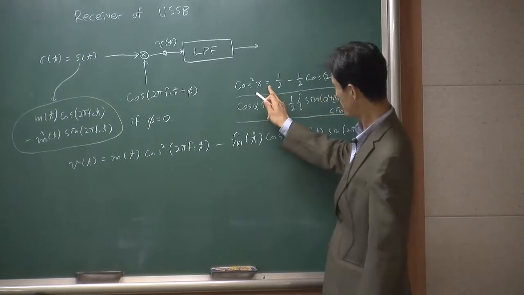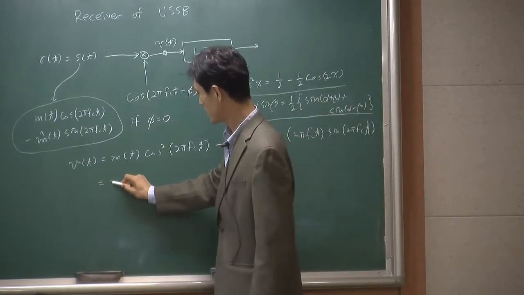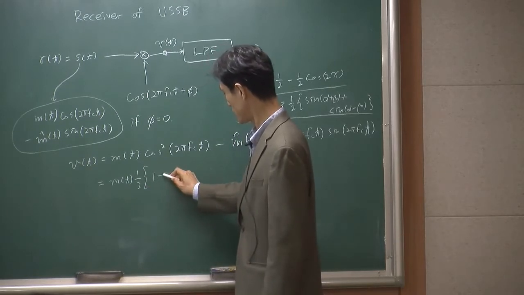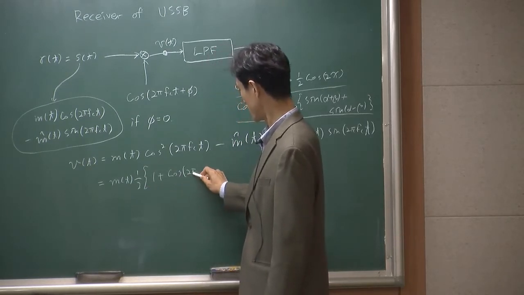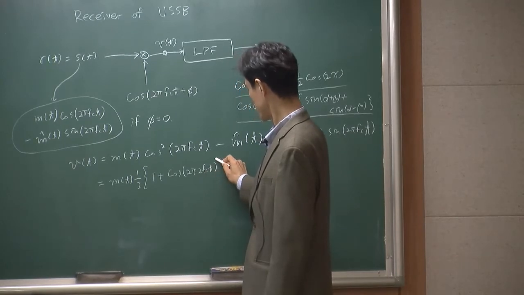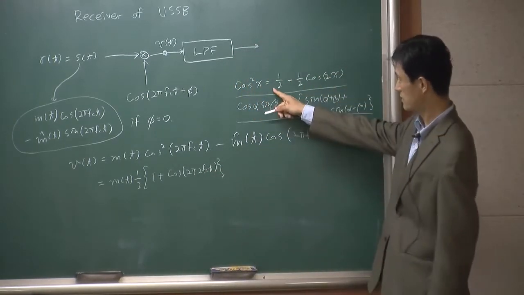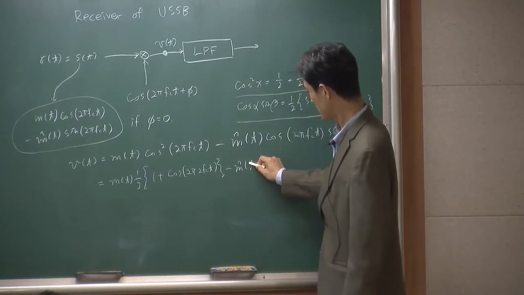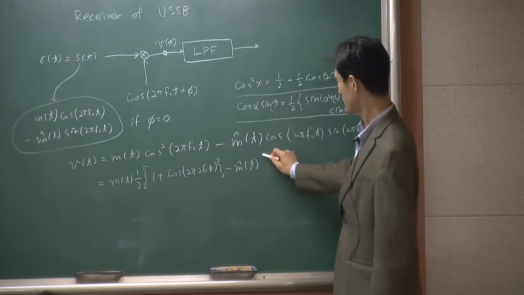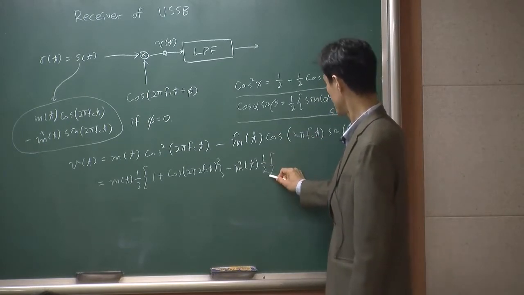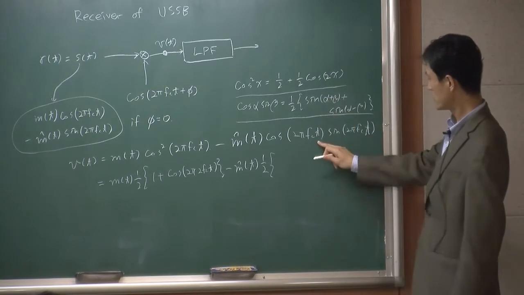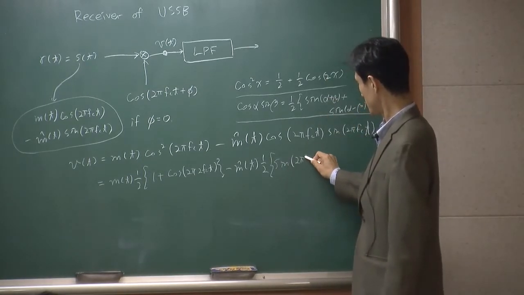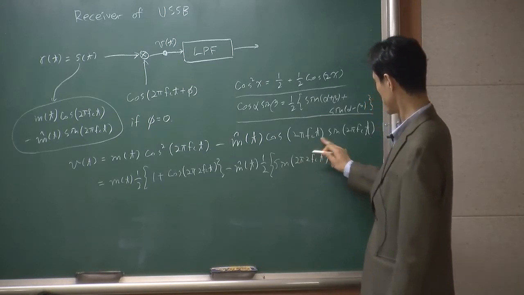This one, we have cosine squared, so therefore I can rewrite this into 1 plus cosine 2 pi 2fct. I used this first identity here. For the second term, m half t, I want to use the second identity here, in that case, half. When you add these two, it's going to be sine 2 pi 2fct, because both are the same.